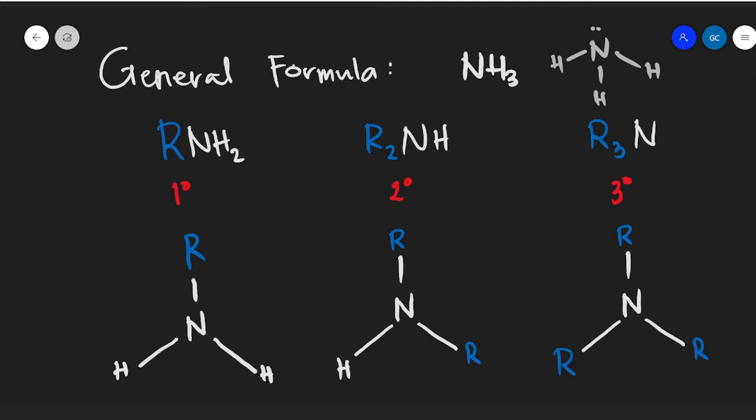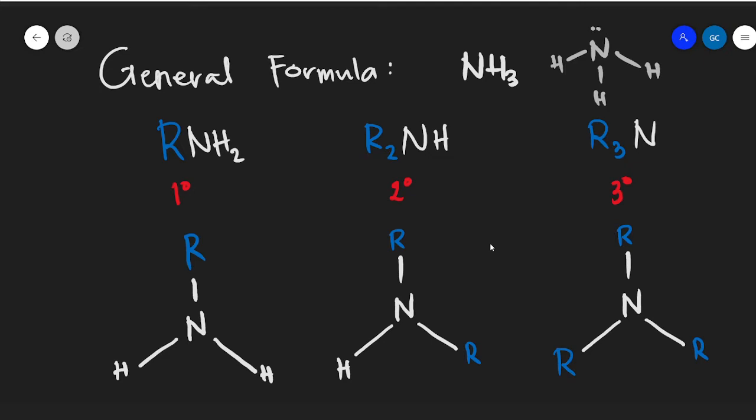So it is still valid to show our structure with this triangle shape, because it can also occur that we have three valence electrons on the nitrogen. In any case, those are the general structure or the general formula of our amines. First is our primary amine, secondary amine, and tertiary amine.